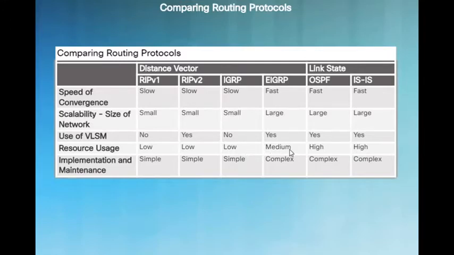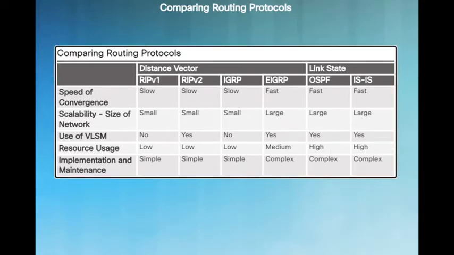EIGRP is medium, OSPF uses high resource usage. That's why if you choose to implement OSPF, just make sure that your routers can support it, or probably have higher RAM, or are newly released routers from Cisco, something like that.